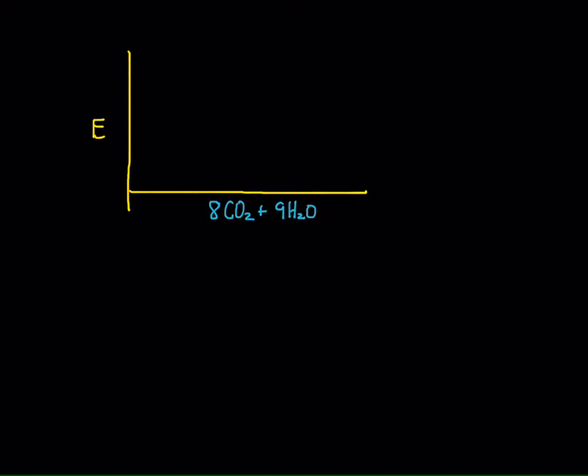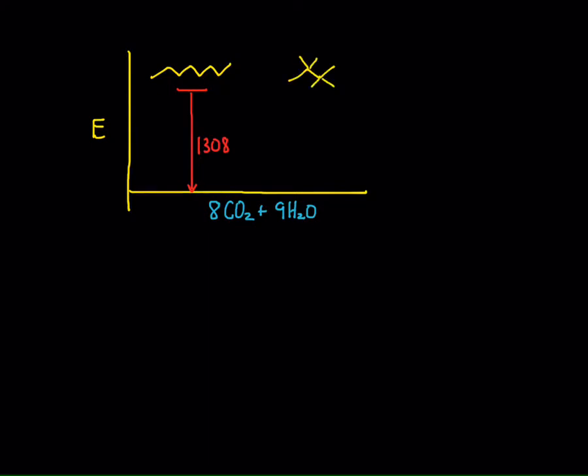They both yield 8 moles of CO2 and 9 moles of water. And therefore, the relative energy of the products is going to be the same for both of them. So when I start with octane, I see it's releasing 1308 kilocalories per mole, right? So it's a negative value. It's releasing that amount of energy.